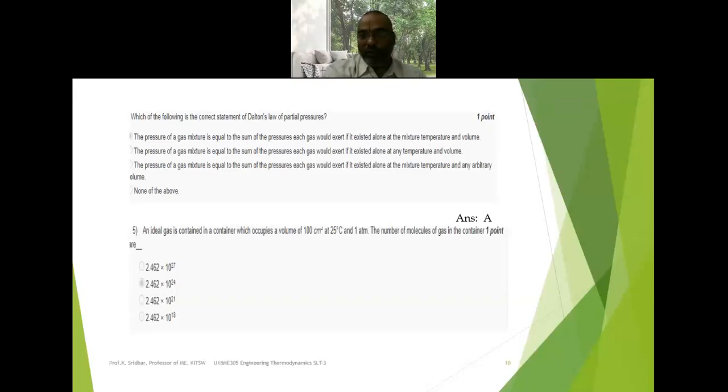The number of molecules of gas in the container is equivalent to, as I showed you in the previous slide, 2.462 into 10 to the power 21. So these are the number of molecules. Like that we can answer some of the important questions on perfect gases and real gases. The concept is very, very important.